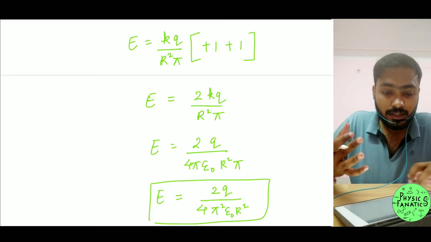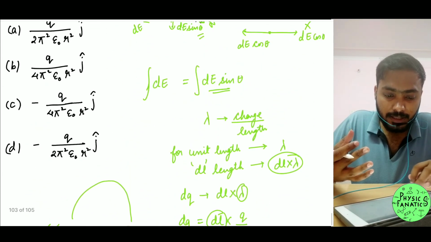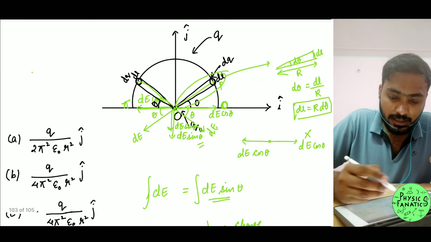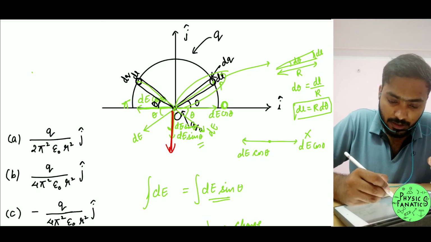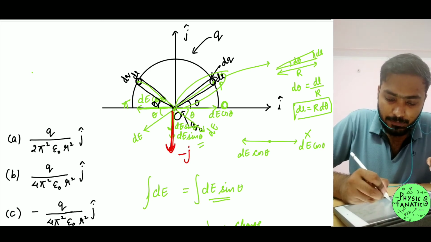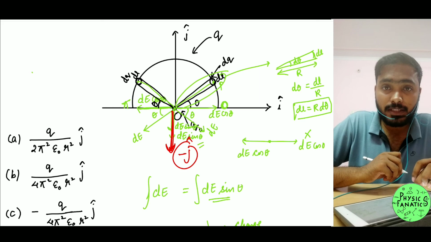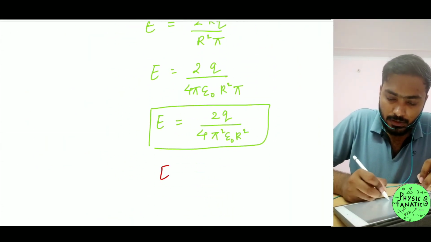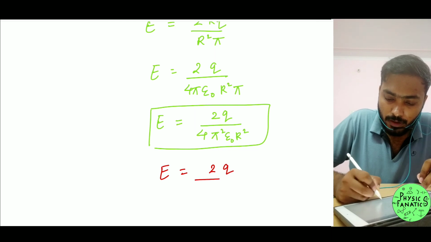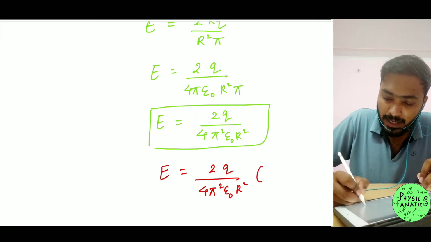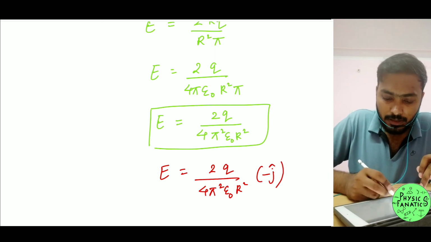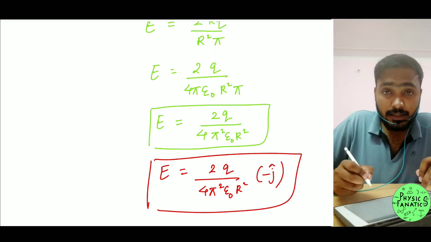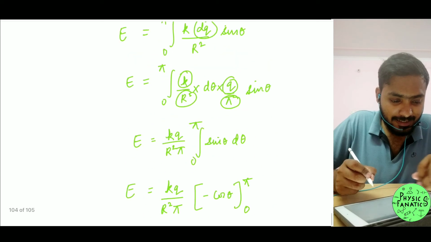Now what's the direction here? You can see the direction is in the downward direction, or I can say minus j cap. Minus j cap is the direction, yes or no? So can I write it like this: E equals 2q upon 4 pi square epsilon naught r square times minus j cap. Is this a part of the options? Let's see.